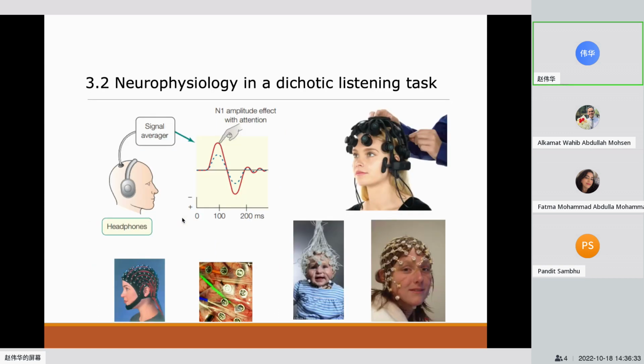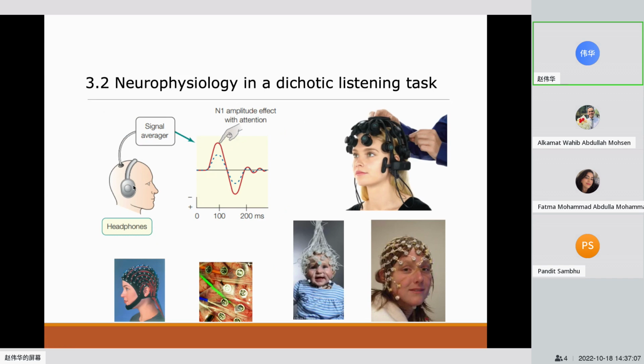And what about humans? For human ERP studies, participants were asked to listen to streams of sounds using headphones. Only 10% of the sounds were a different tone that differed in pitch. During one condition, participants were asked to attend to and count the number of higher-pitched tones in one ear, only one ear, while ignoring those in the other.